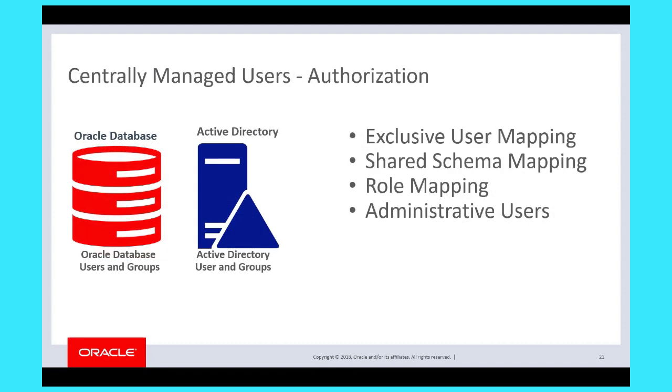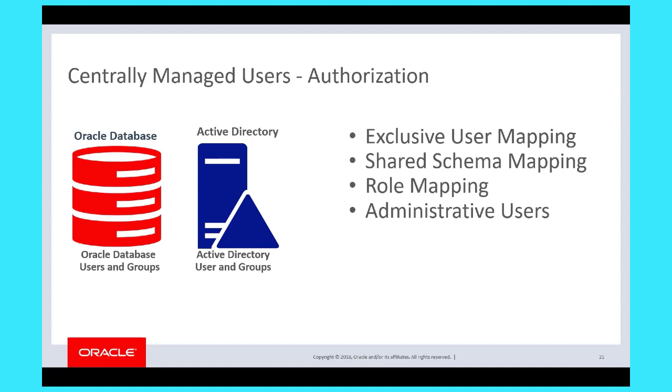Also similar to enterprise user security, but in some cases slightly different, is identification and authorization. Just like with enterprise user security, CMU supports both exclusive or dedicated user mapping, and it supports shared schema mapping. Just like with enterprise user security, centrally managed users supports database role to Active Directory group.